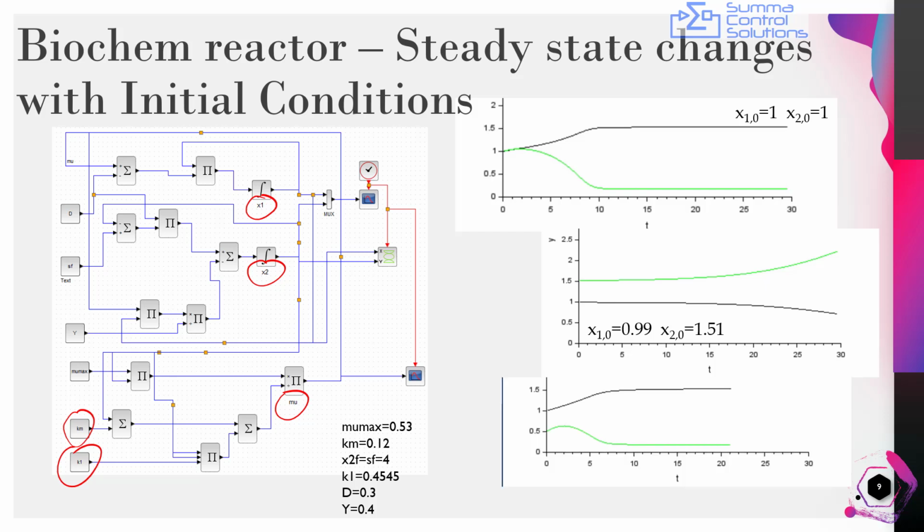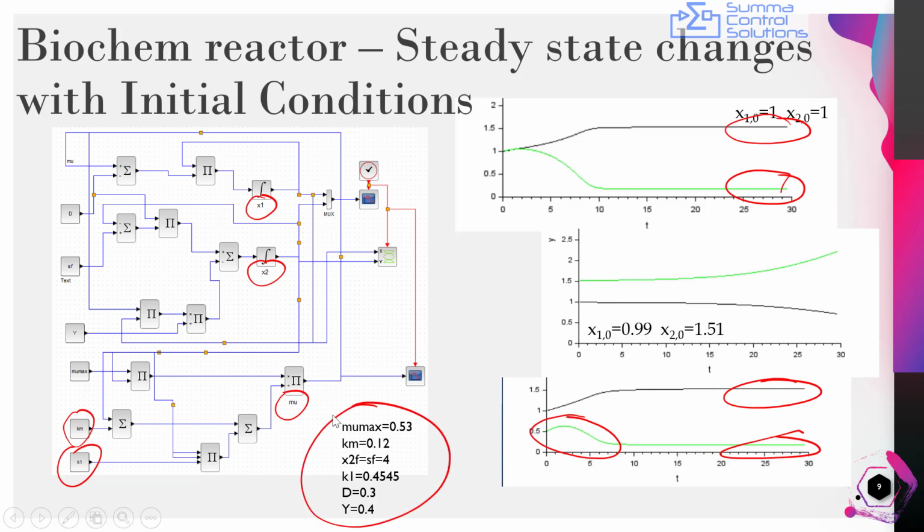And in the last one, we can see that the steady state reached by the substrate concentration and the biomass concentration are the same, except for a transient behavior observed at the beginning for the substrate concentration. The numbers used for that simulation are these ones.